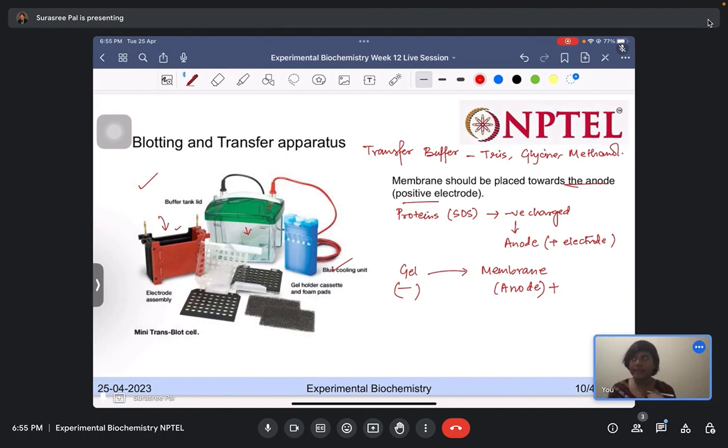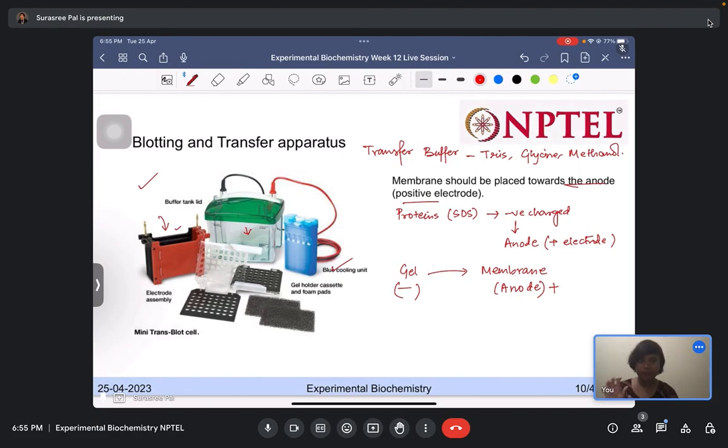There is also a possibility that there might be some bubbles between the gel and the membrane. If there is air between the gel and the membrane, the transfer process will be hampered, and the electric voltage transfer will not be efficient.